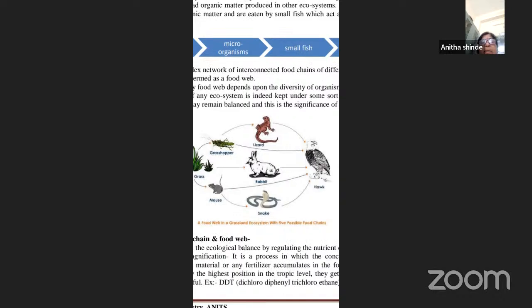Or grass can be eaten by a rabbit, and again it can be eaten by a hawk. Again, the grass can be taken by a mouse, that is a rat, and the rat can be eaten by a hawk, or the rat can be eaten by a snake. So there is a complex, interconnected network of food chains of different species in an ecosystem, and that is nothing but a food web.